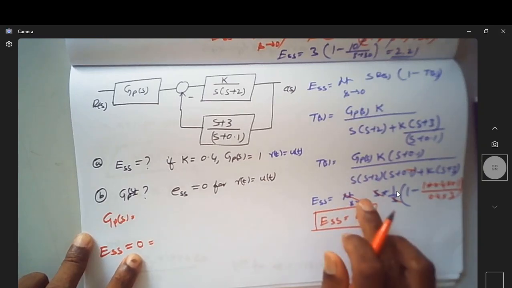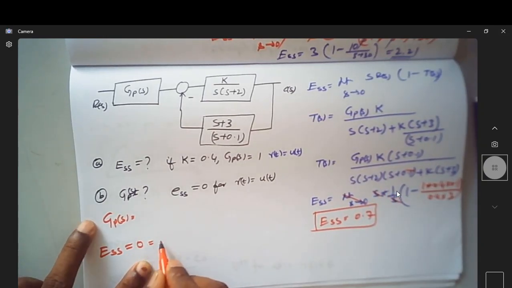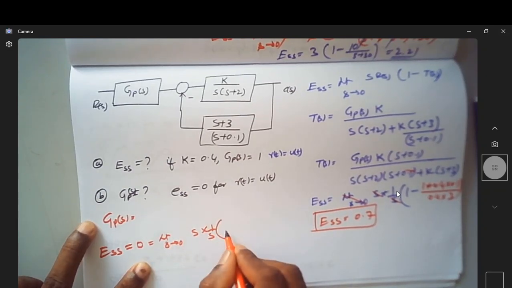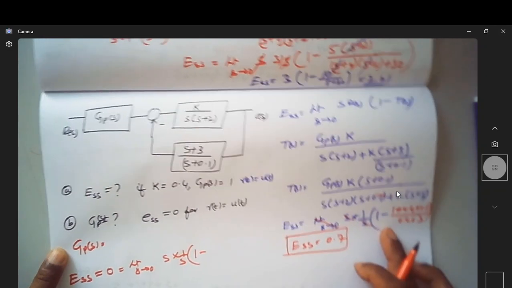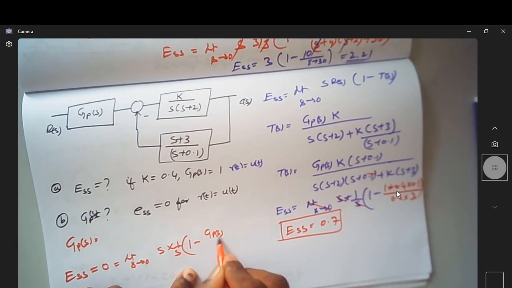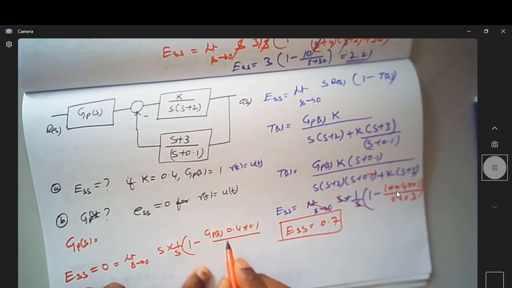So for this, shall I equate this entire equation to 0? 0 is equal to, of course, limit of s tending to 0, this is already applied, s into 1 over s. It is now 1 minus. Let me retain GP(s) as it is. It is GP(s) into 0.4 into 0.1 by 0.4 into 3.